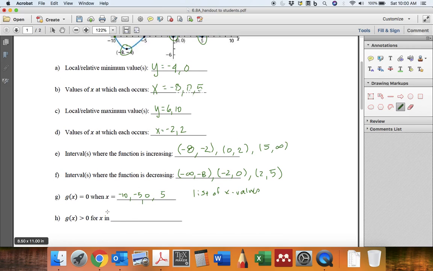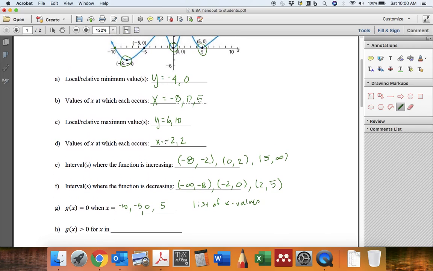When g of x is greater than 0, that's going to be an interval. So I'm looking for all the ordered pairs where the y coordinate's strictly greater than 0. And so that happens for all the x values from -infinity up to -10.